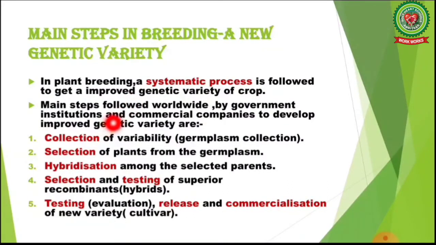The main steps followed worldwide by government institutions and commercial companies to develop improved genetic variety are: first is collection of variability, that is germplasm collection; second, selection of plants from the germplasm; third, hybridization among the selected parents; fourth, selection and testing of superior recombinants that are called hybrids; and testing, that is evaluation, release and commercialization of new varieties, that is cultivar.